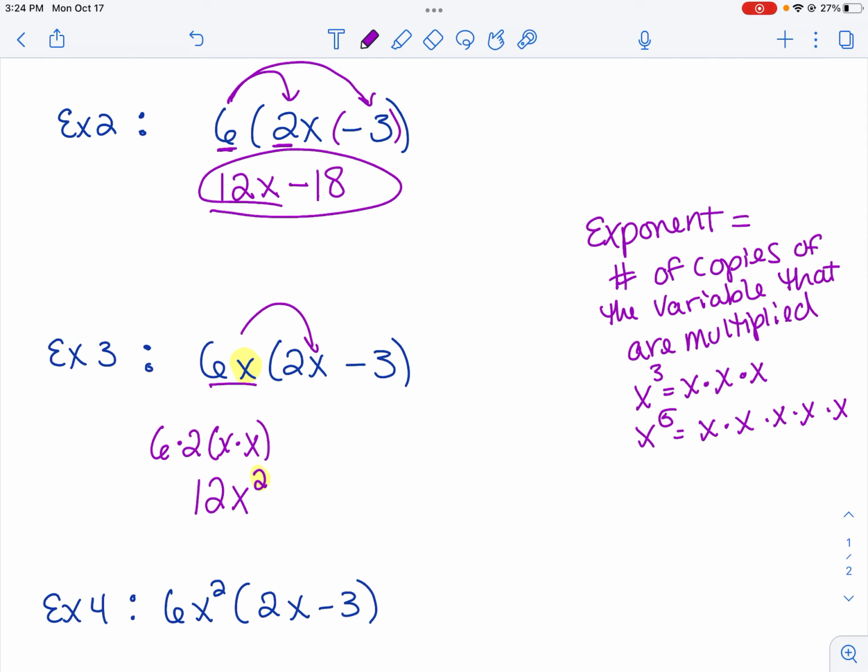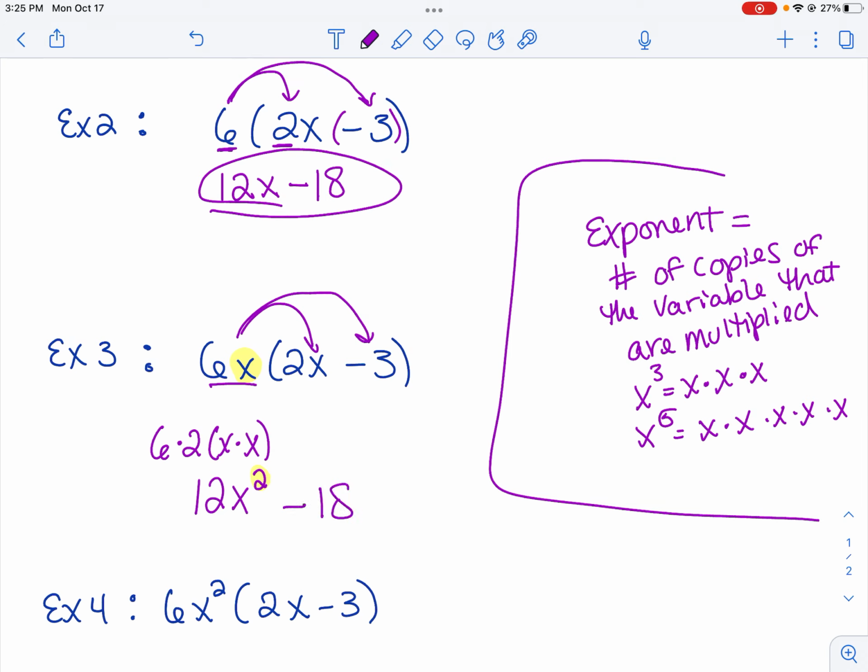So however many x's are multiplied together, that's what the exponent should tell you. So at the beginning, we get 6x times 2x is 12x squared. And then the next piece, we have 6x times negative 3. And just like up above, we get negative 18, and the x is going to hang out on the end, right? These are still not like terms because one has a power of 2 and one doesn't. So that's as far as I can take that.